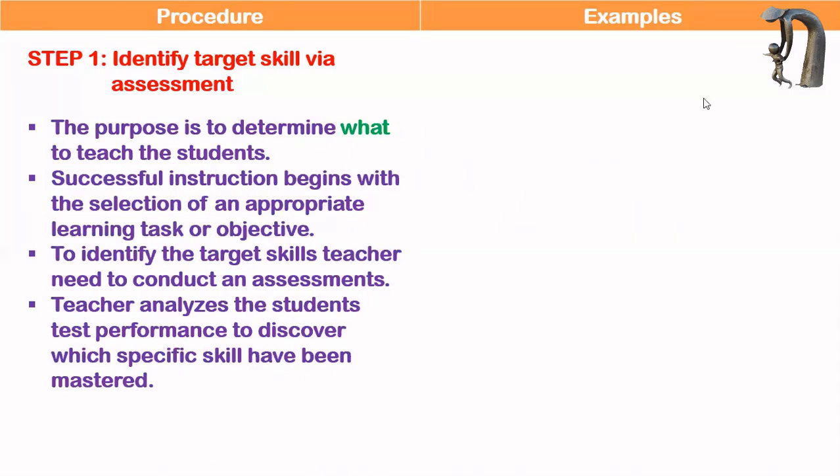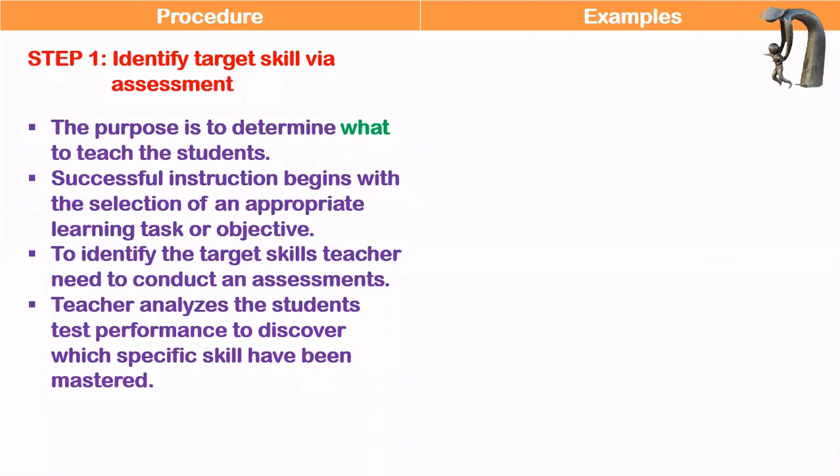The first step in the procedure to prepare the intervention is to identify the target skill via assessment. To prepare the educational intervention, you need to decide what you're going to teach, what the specific instructional objective is which you're going to select for the child to develop the skills.